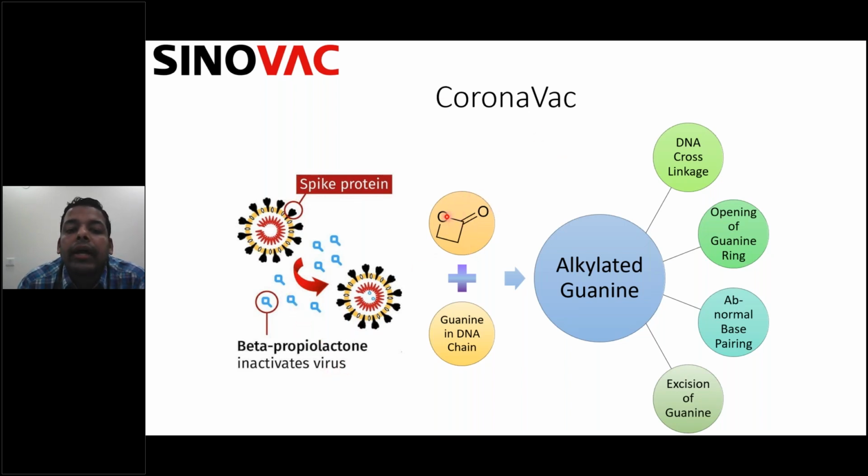Now this beta propiolactone binds to the guanine in the RNA chain, and it leads to the formation of alkylated guanine. Now this alkylated guanine leads to opening of the guanine ring, abnormal base pairing, and excision.